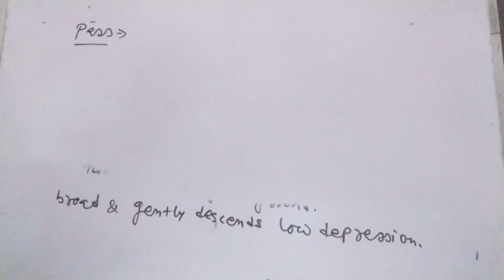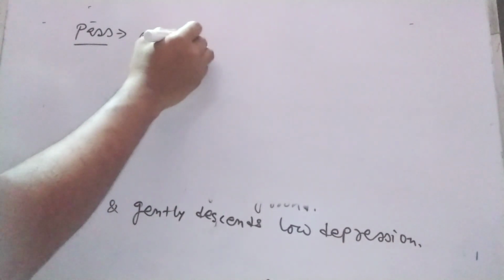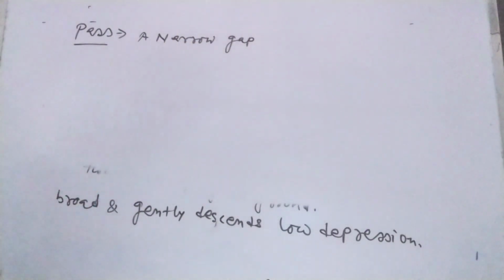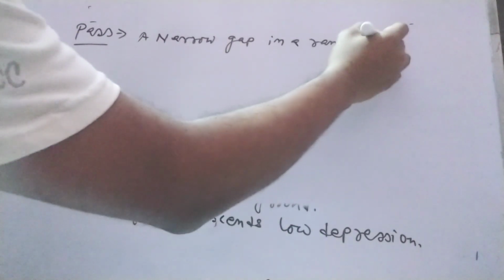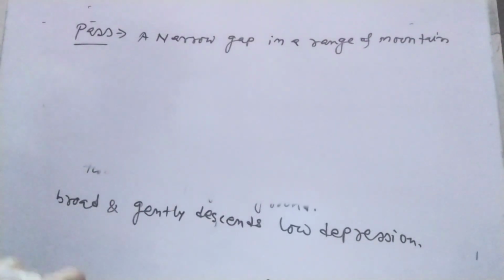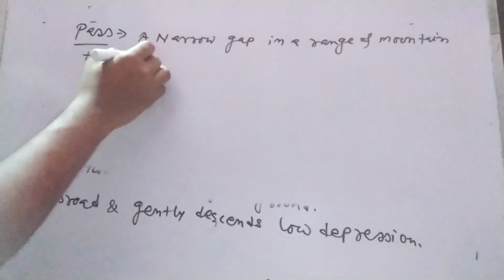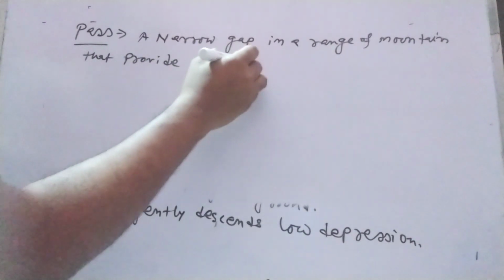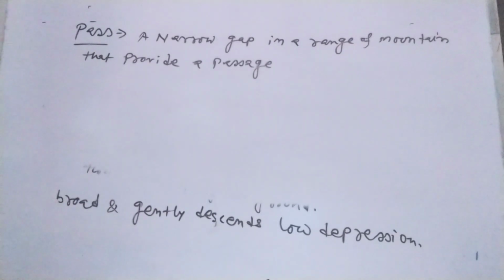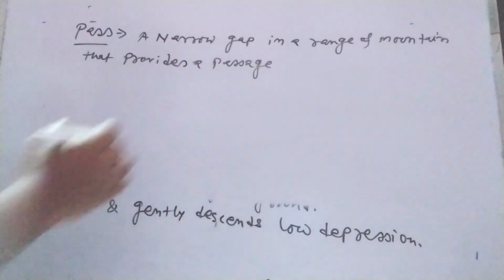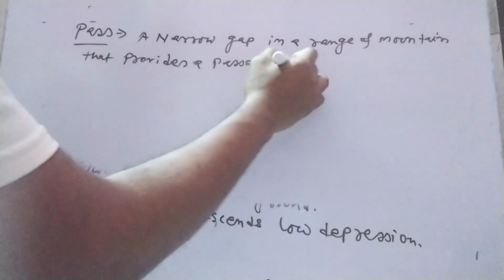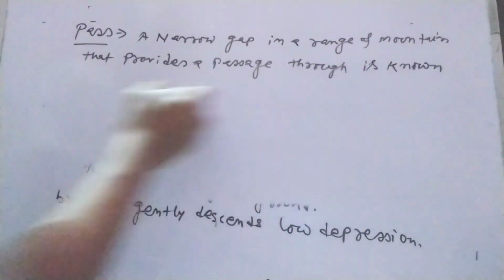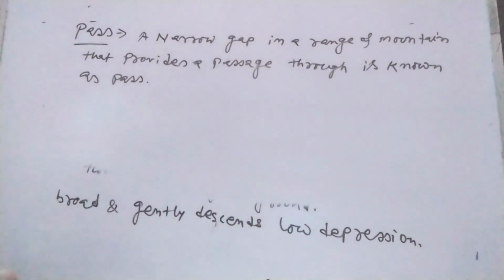Pass is a narrow gap in a range of mountain that provides a passage through it, right?